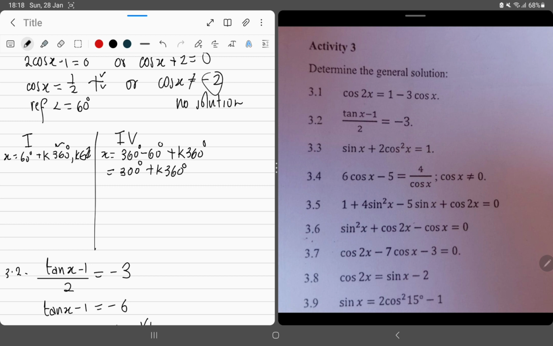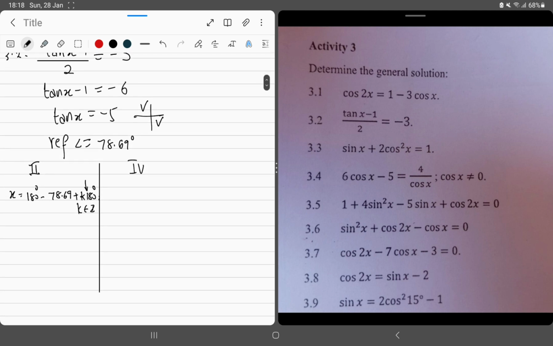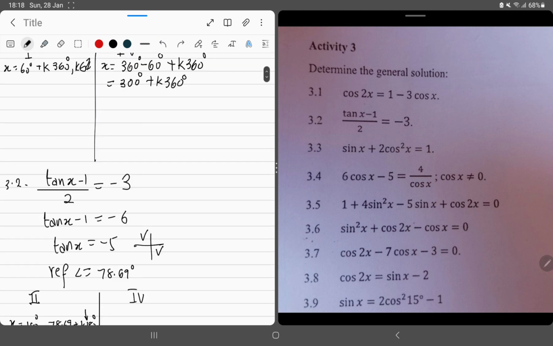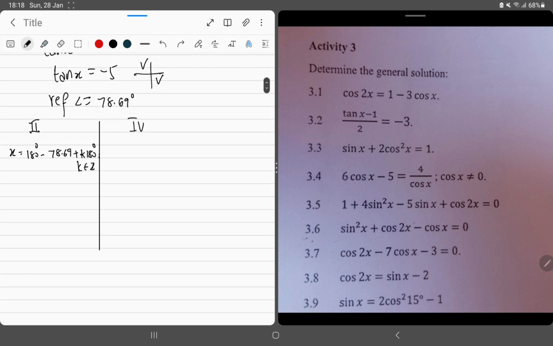And this is because the period of cos and sine is 360 degrees, but the period of a tan graph is 180 degrees, hence the difference. So this is 180 minus 78.69, 101.31 degrees plus k times 180.